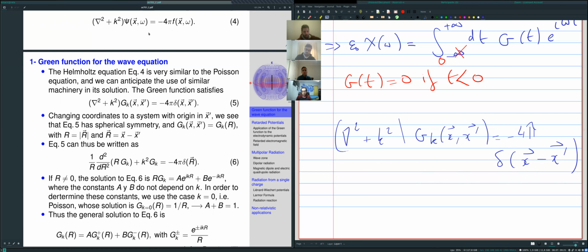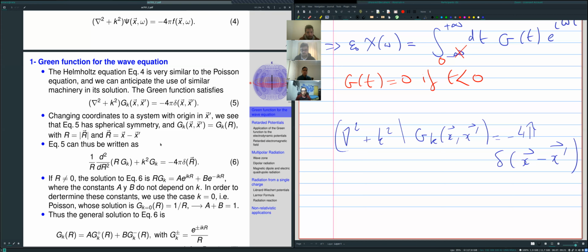And now in equation 5, I've introduced a new variable in the source function, and so we can anticipate that the solution G will also depend on this new variable x prime. This seems a bit odd to start, but if I add a new variable on the right-hand side, we can expect that this new variable should also be on the left-hand side.